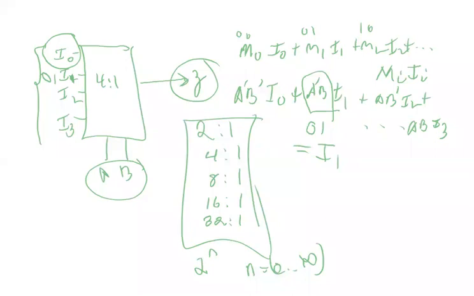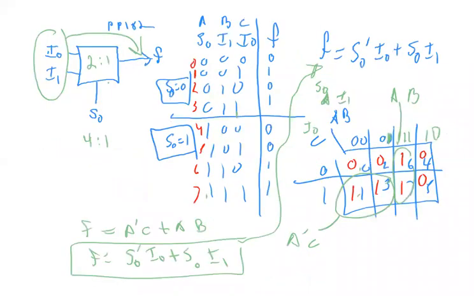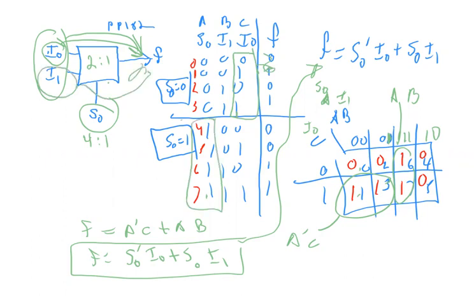And you can see that over in here. When S was 0, input 0 was routed to the output. And so we just copied input 0 over to the output. But when S was equal to 1, then input 1 was routed to the output, and so we just copied input 1 over to the output.